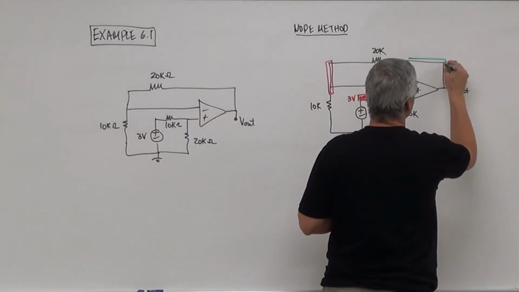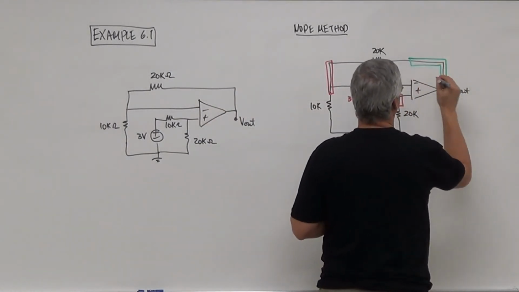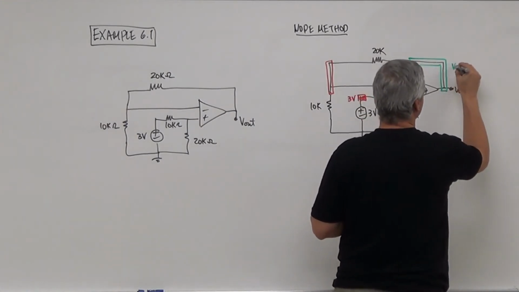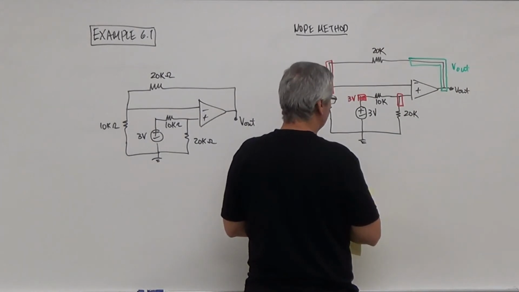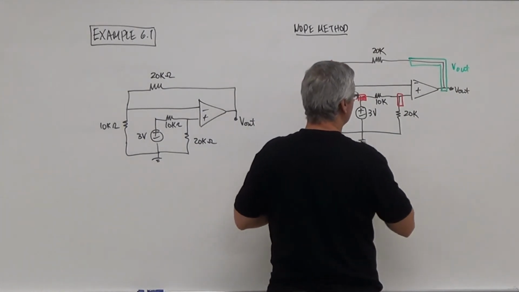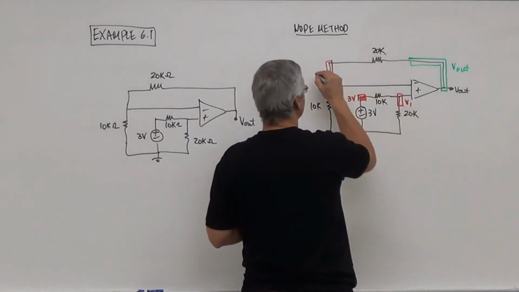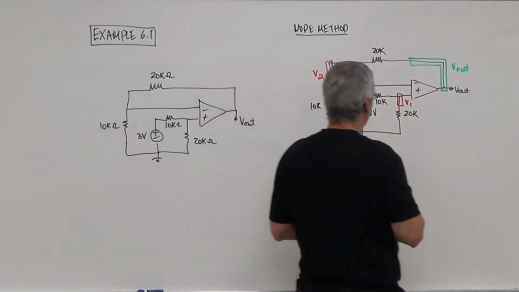Then I have this node right here, which is the V out. We call this one V1, and then this is V2 right here.